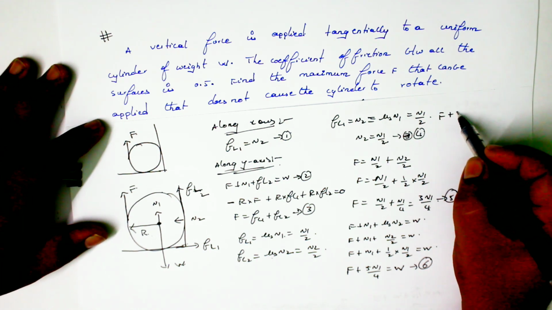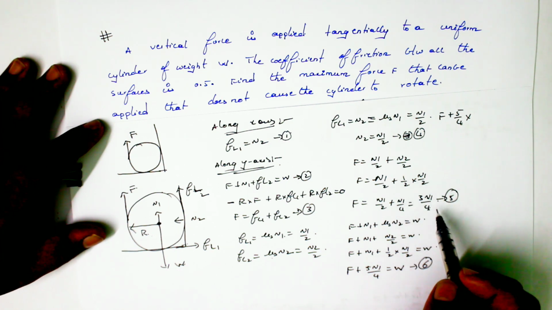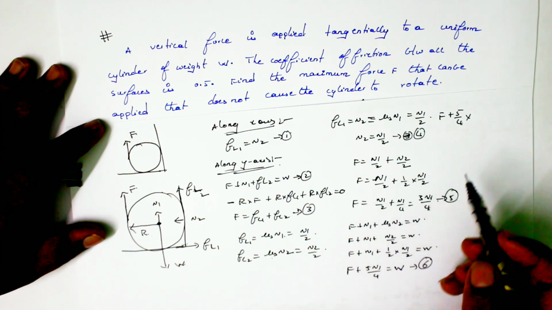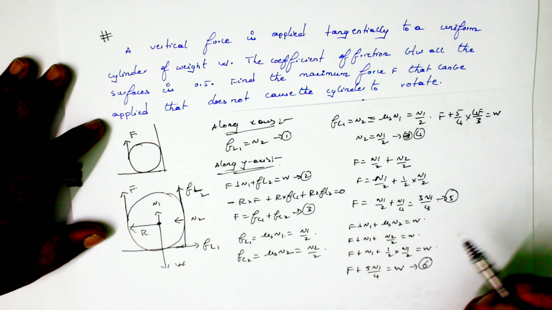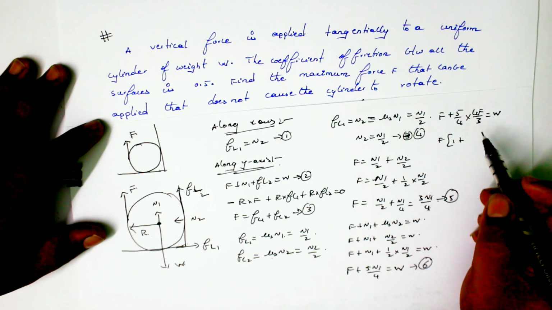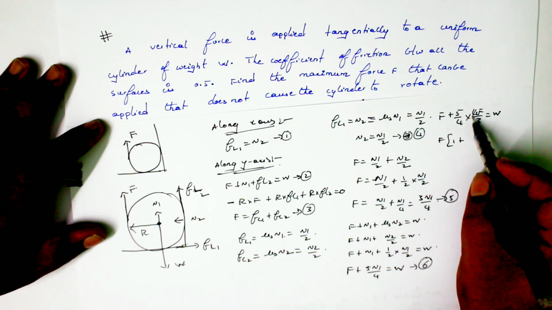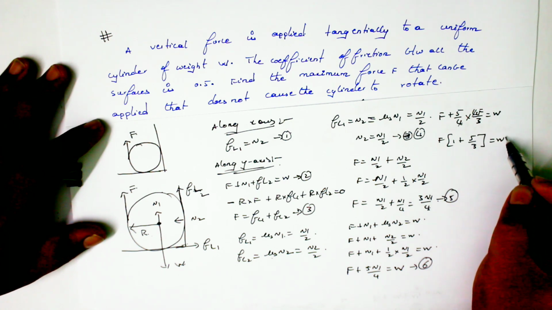So F plus 5 by 4 into, now instead of N1, I will substitute 4F divided by 3. So 4F divided by 3 is equal to W. So therefore, if I take F common, then it is 1 plus, 4 and 4 get cancelled, 5 by 3 is equal to W.